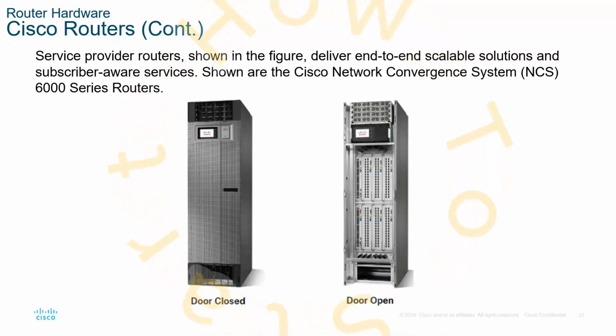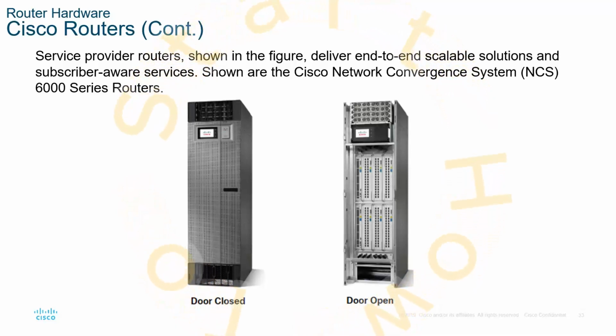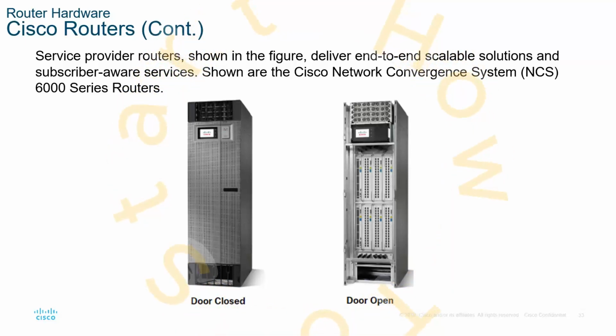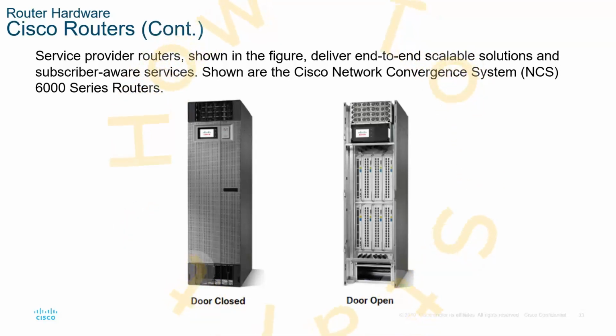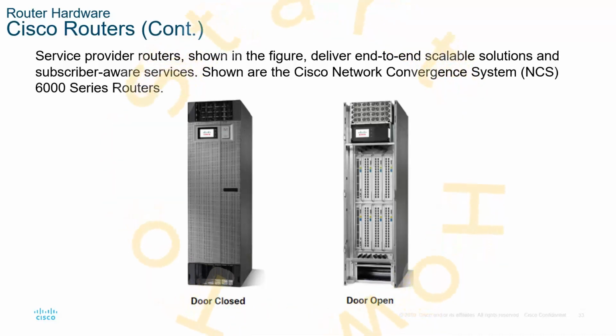These normally operate at the service providers. These are routers for the service providers' networks, and they help provide end-to-end solutions. Normally these are multi-million-dollar devices. Maybe not multi-million, but I've easily seen one of these cost well over $1 million.